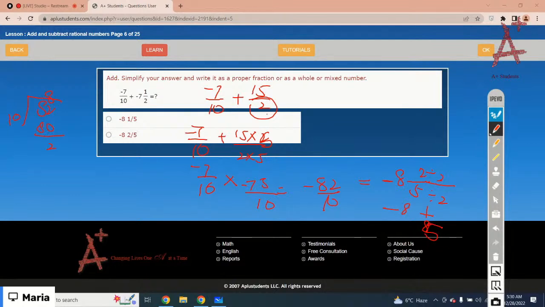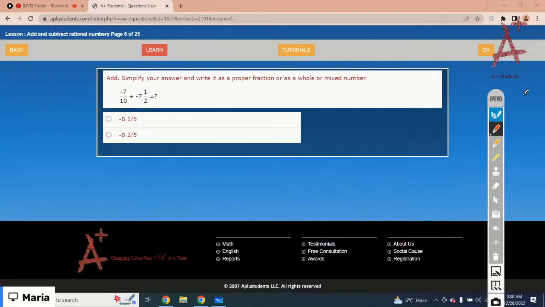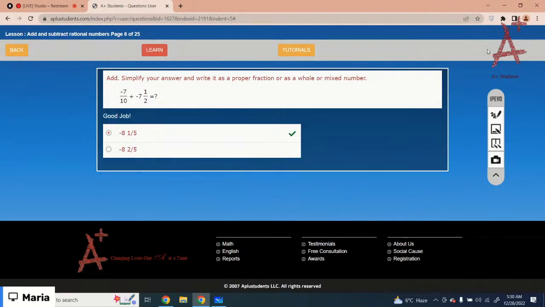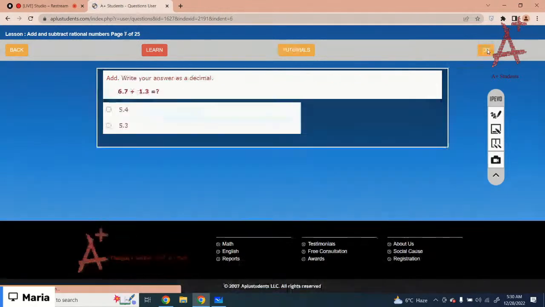So just select the correct option, the first option is the correct one, and click on the OK button. You can complete the test by yourself later today. Let me just move on to the next lesson.